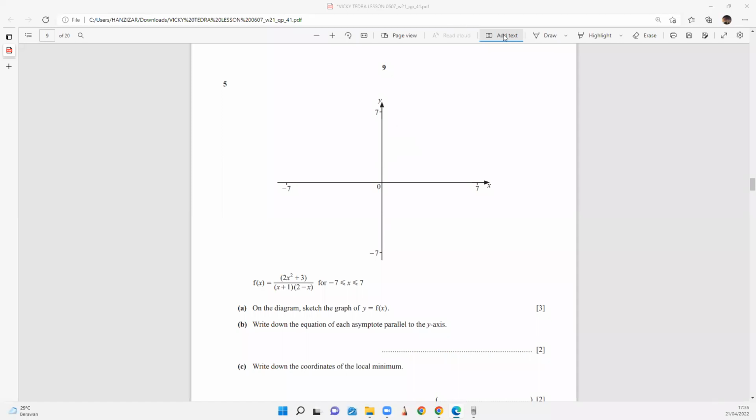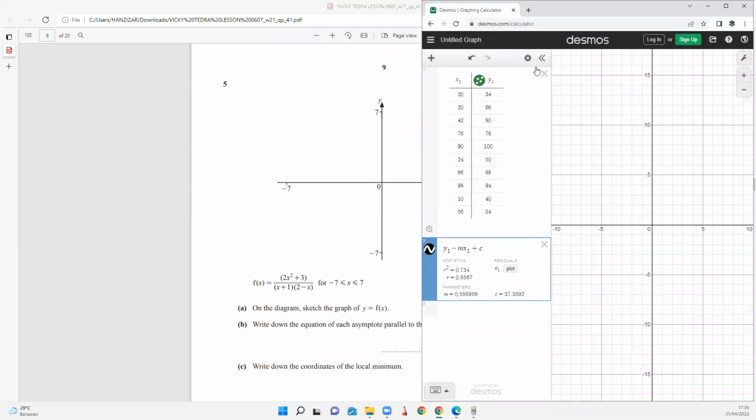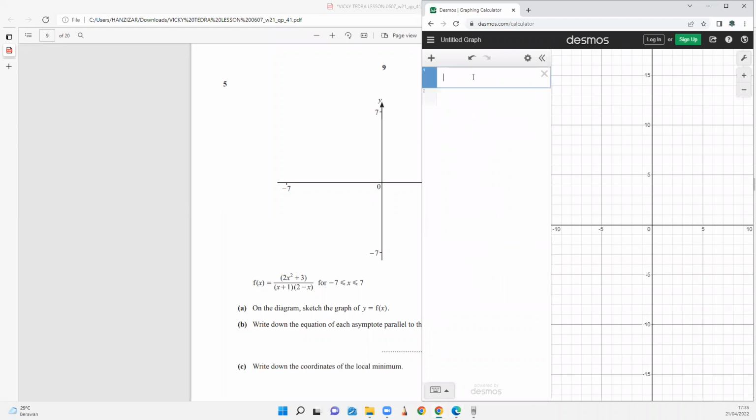Okay, for number 5, you cannot do it directly. What you need to do is put on the calculator decimals. Okay, so you can delete this, delete again. So f(x) equals, right, the top is bracket 2x squared.